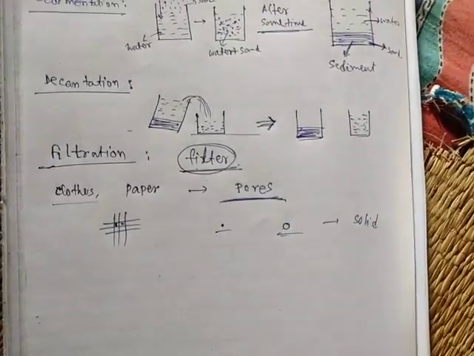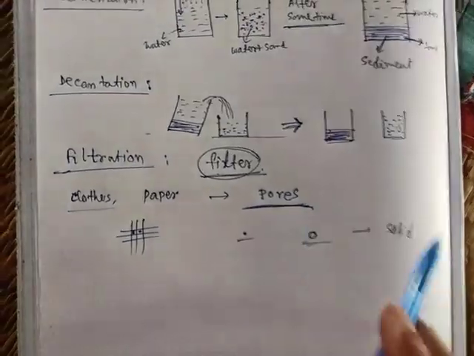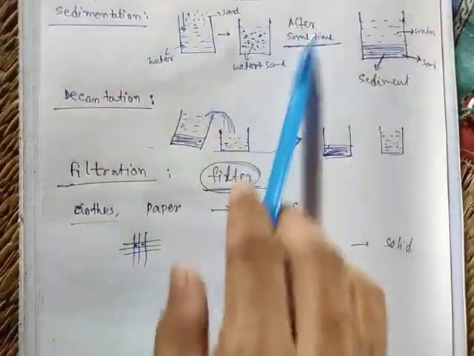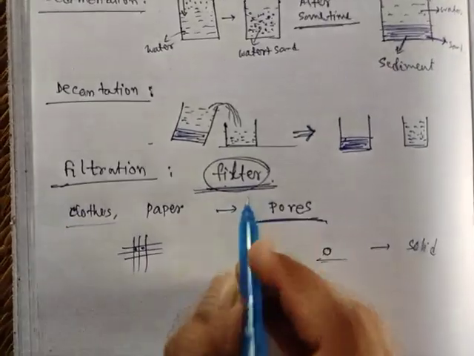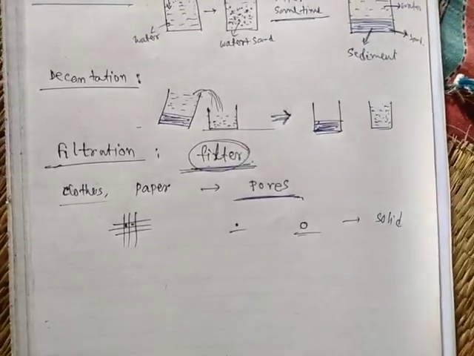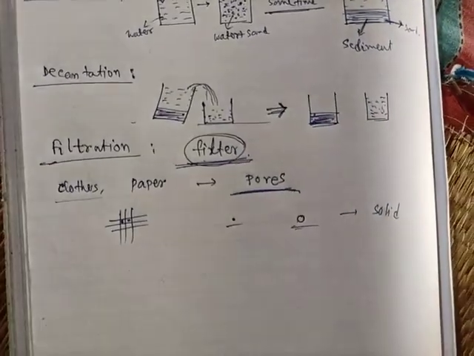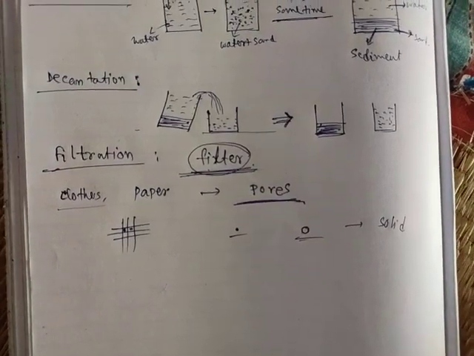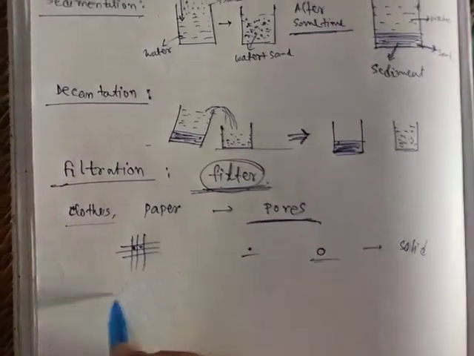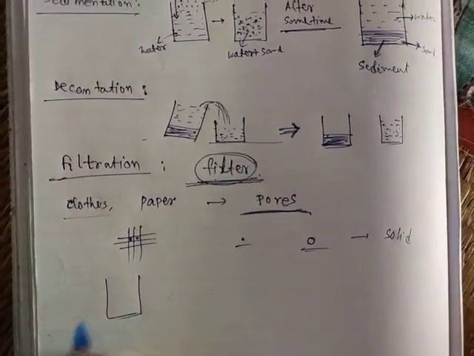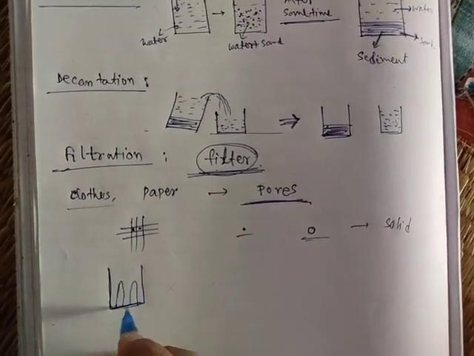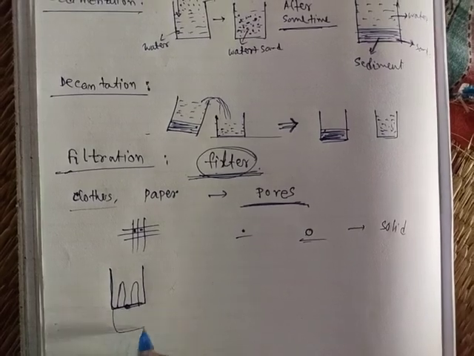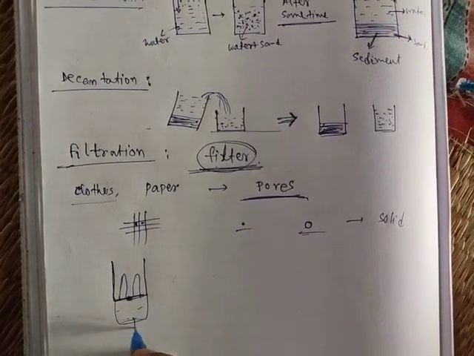So in the filtration process we can separate the insoluble solid from liquids with the help of a filter. Remember, with the help of a filter. You have seen a filter in our home. Some of the students must have seen a filter in our home. In previous days there were two candles, a pore here, a container, and a tap.